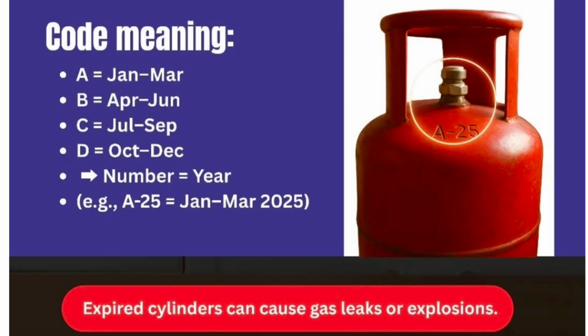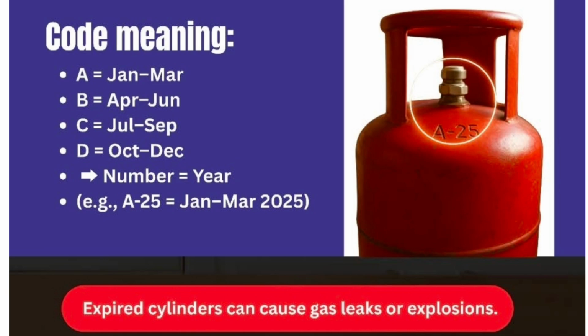If you find C25, it was last tested or manufactured between July and September 2025. If you find D25, it was manufactured or last tested between October and December 2025. It doesn't mean that you'll always find 2025.